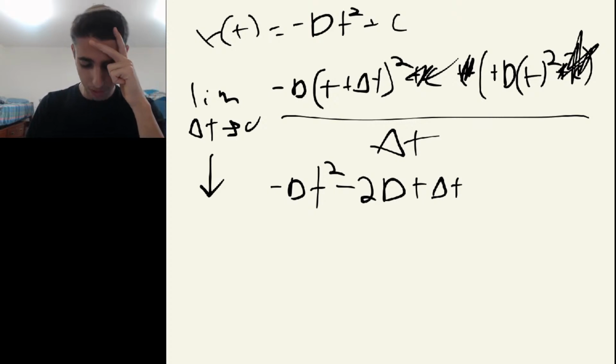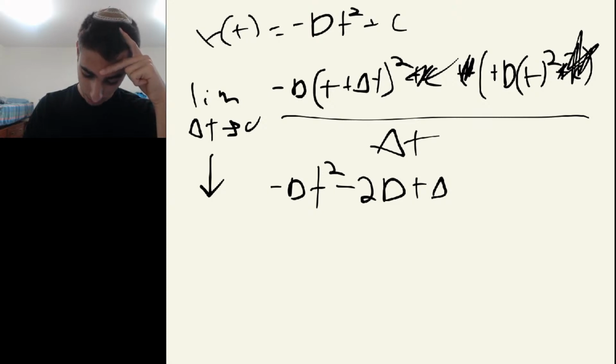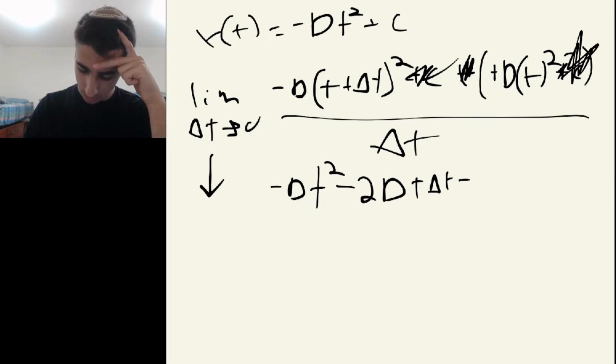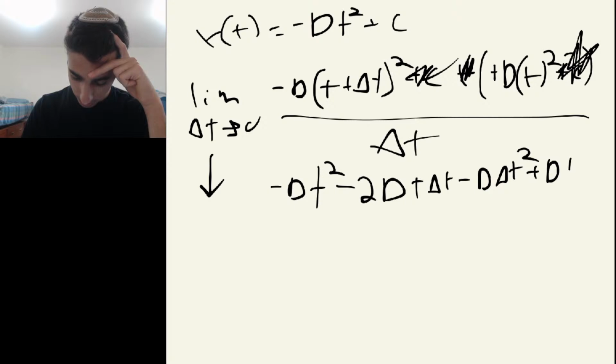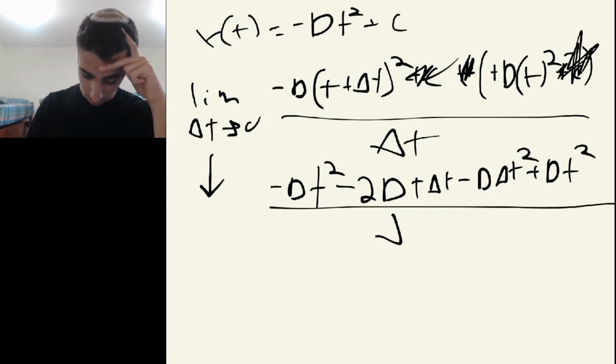Then we have delta t squared times negative d, so it's also going to be a minus. Sorry, this is not t delta t, it's minus d delta t squared. So that's our first term. All of that plus d t squared over delta t.